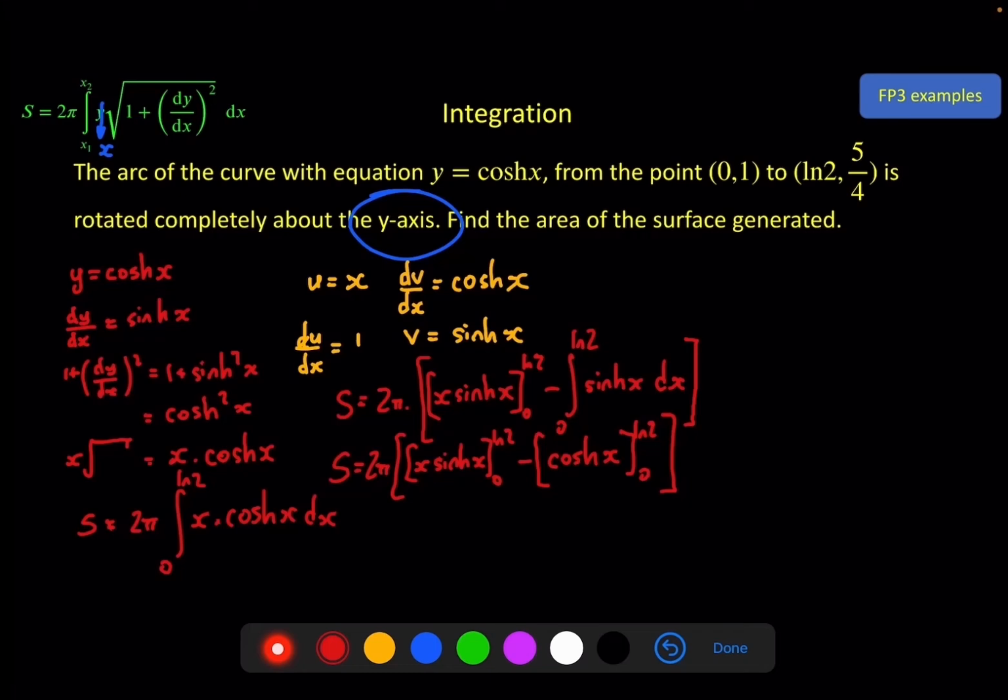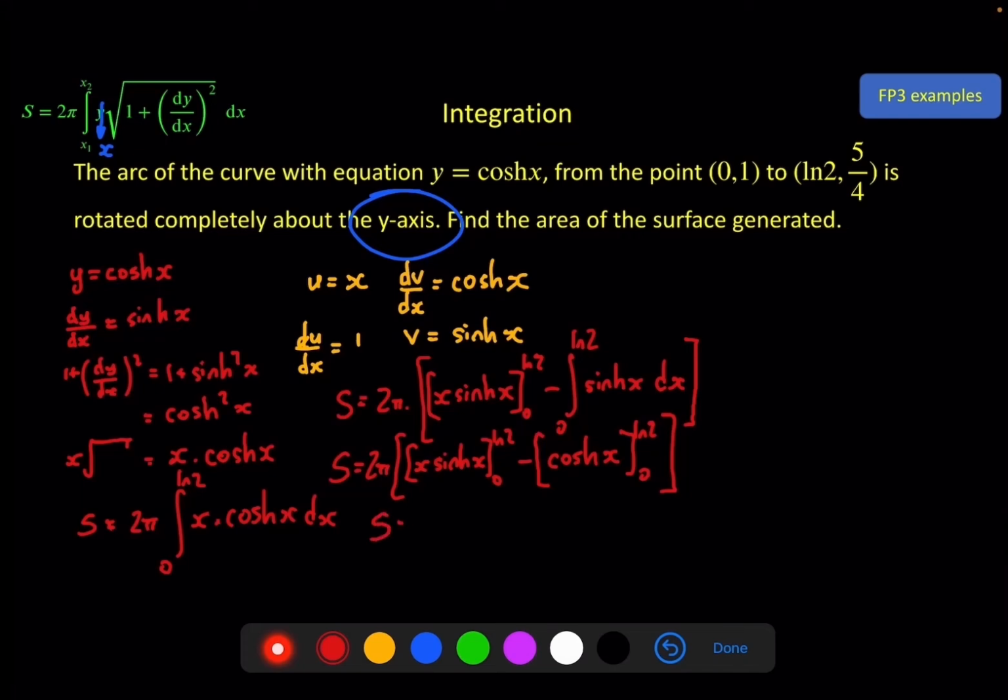Now what I'm going to do, because I've got this log 2 as one of my limits, I think it's going to be easier, unless you happen to have a calculator, which I don't at the moment. You could put it straight in your calculator. But if you don't have a calculator, or you want to see why the calculator is giving you the answer it is, putting log 2 in here, we can use the exponential definitions of sinh and cosh.